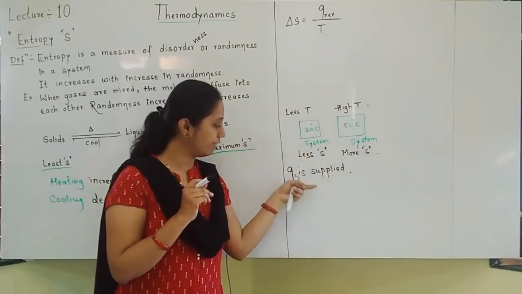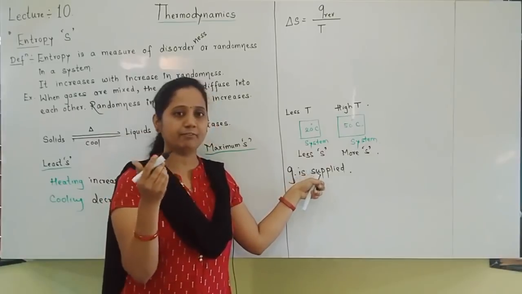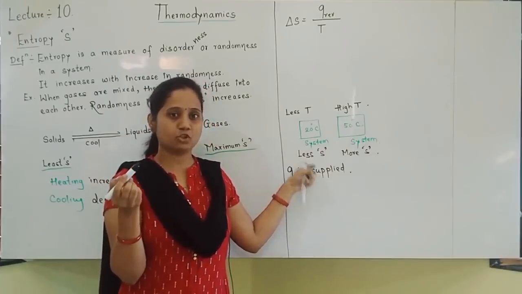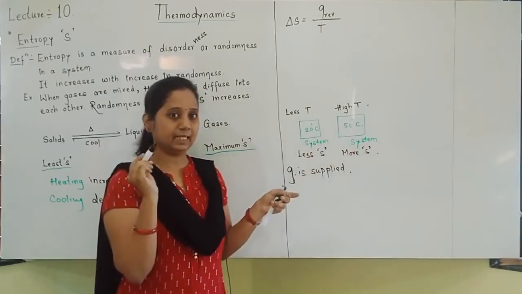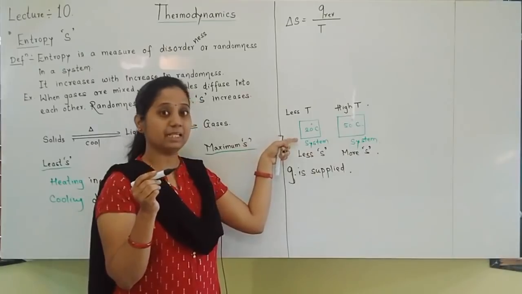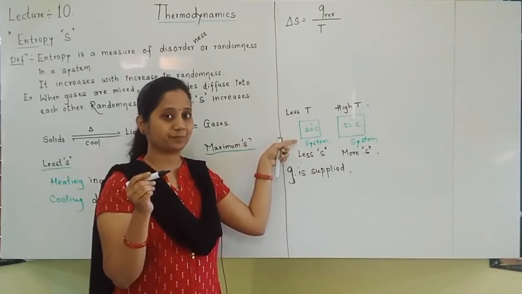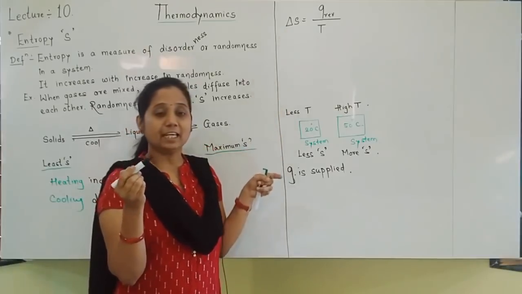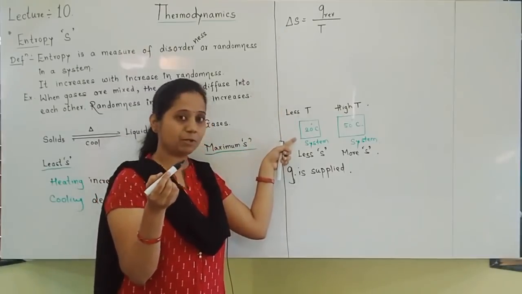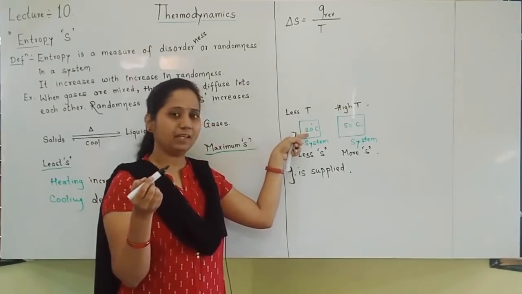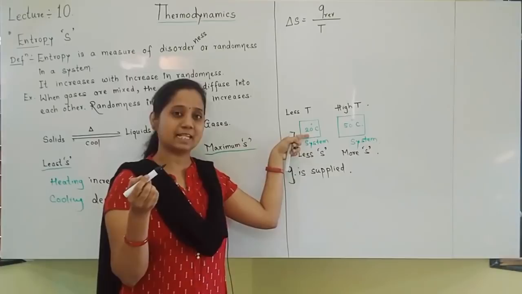That's why on further supply, when we supply further heat to both the systems, the entropy of this system increases more. Change in entropy, delta S, is more here because this system was having less entropy, because its temperature is less.